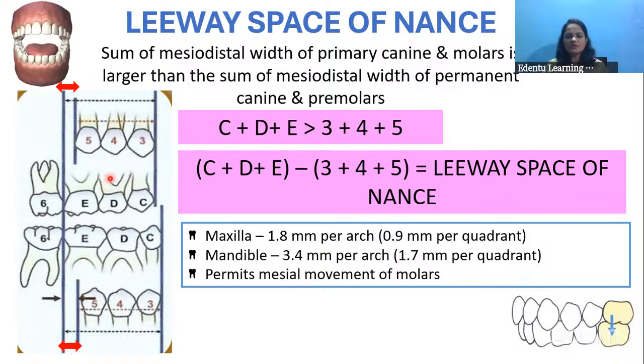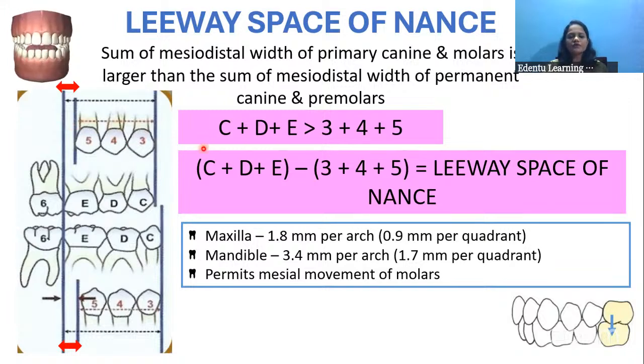Okay, so if you subtract these two measurements, the total space utilized by the deciduous teeth and the total space utilized by the permanent teeth, then a little bit of space is seen, that is the remaining space. This remaining space is called the leeway space of Nance.